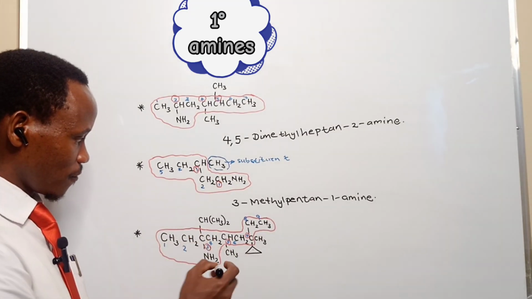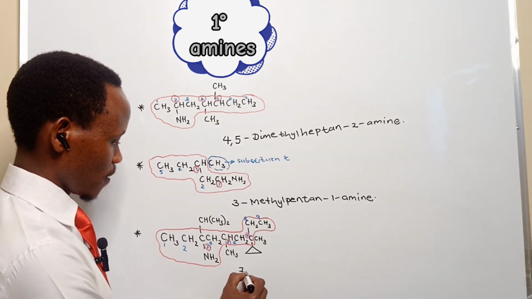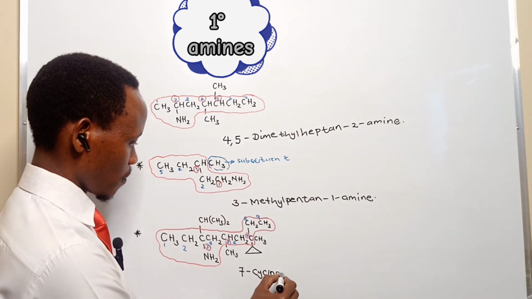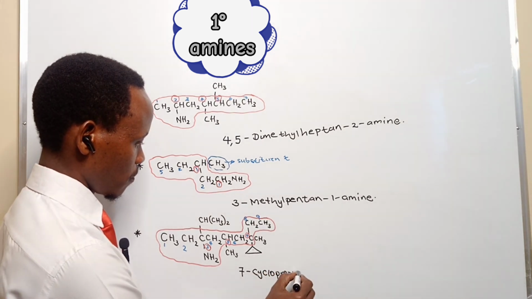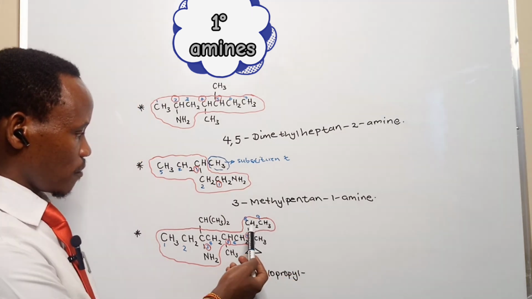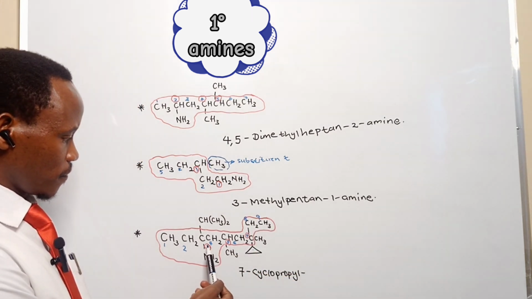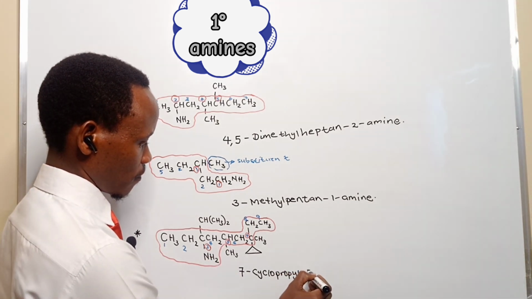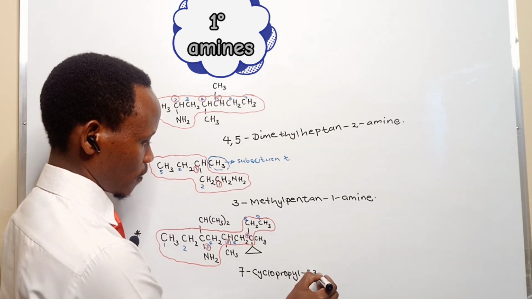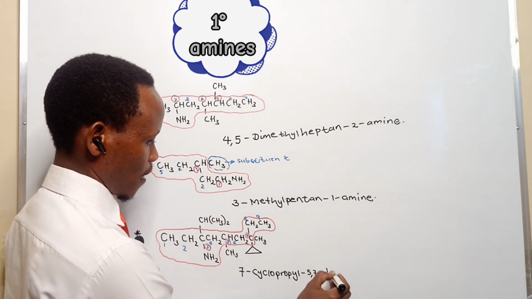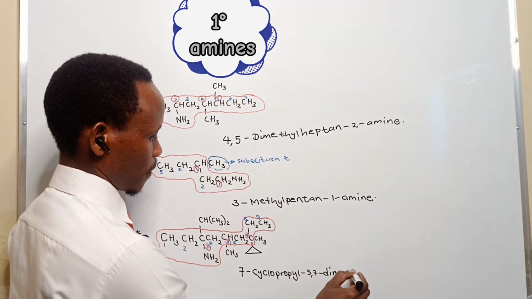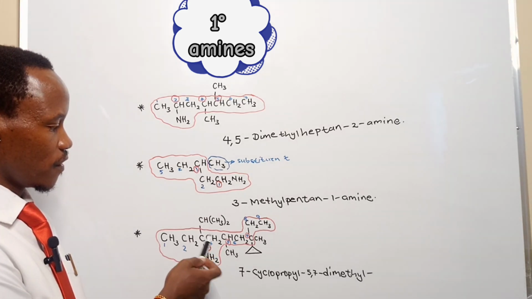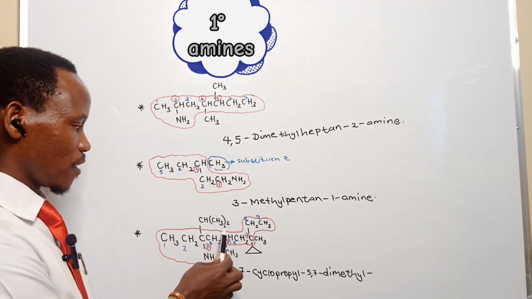So without wasting time, the first is on position 7, which is a cyclopropyl group, followed by, now on position 7 and position 5, we have two methyl groups, so we write them 5,7-dimethyl, and finally on position 3 we are having a secondary propyl group.